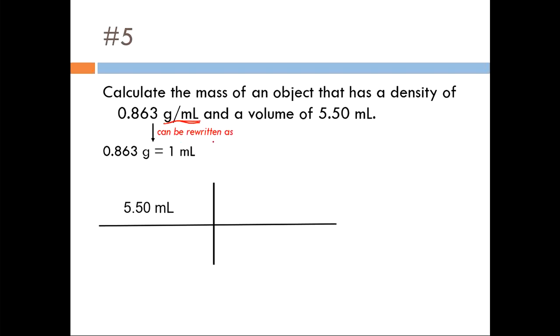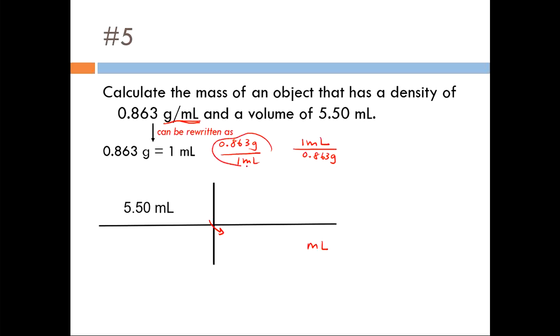If I write it as a fraction as we've been doing, I can show it like this, over 1 milliliter, or I can also show it like this. Okay, again, just looking at it purely as a ratio form. So knowing that I'm starting my number with milliliters and I'm going to copy down milliliters, which one of these am I going to want to use?